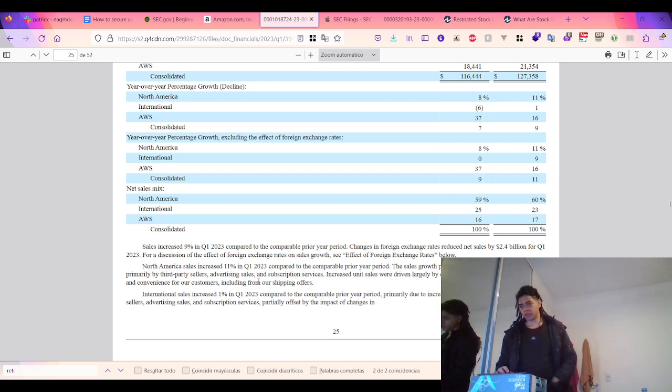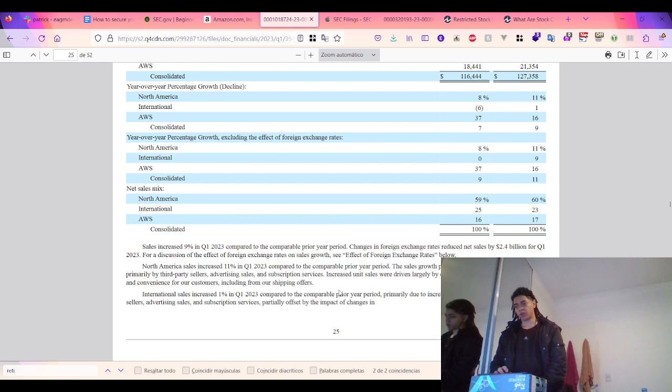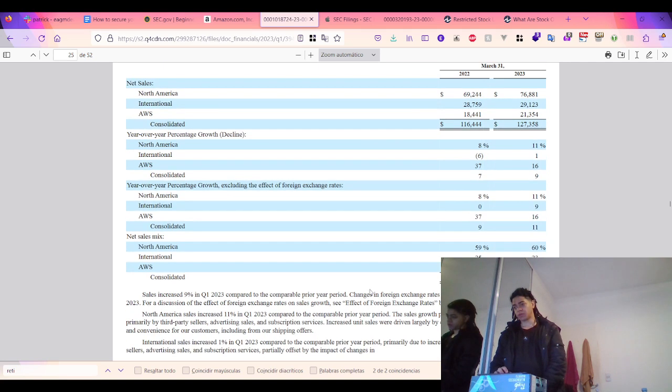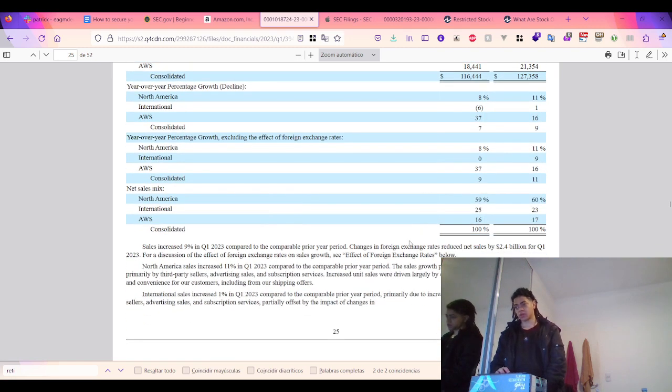International sales increased 1% in quarter one 2023 compared to the comparable prior year period. The sales growth primarily reflects increased unit sales, primarily by third-party sellers, advertising sales, and subscription services.